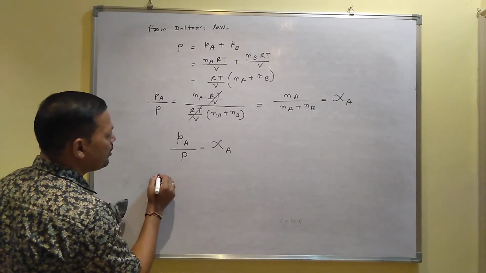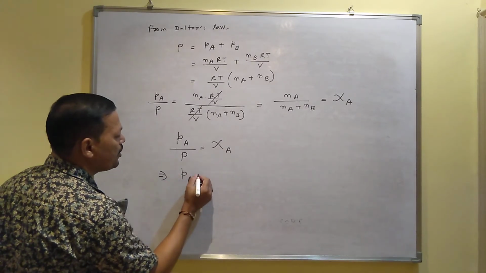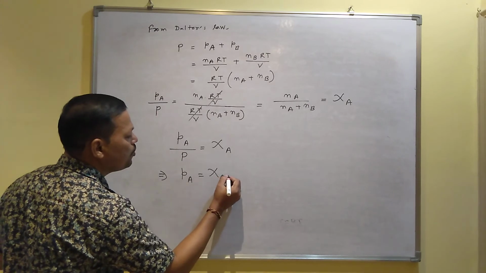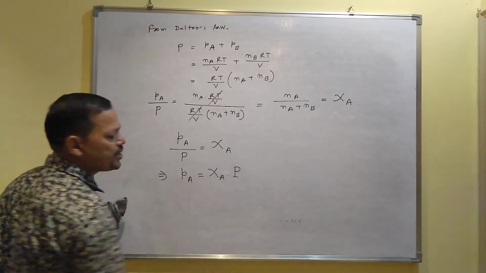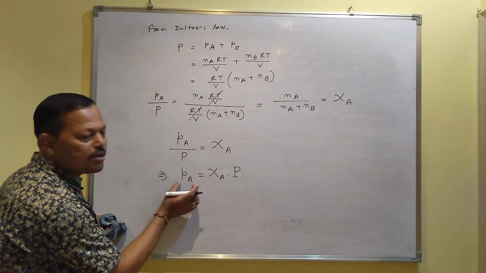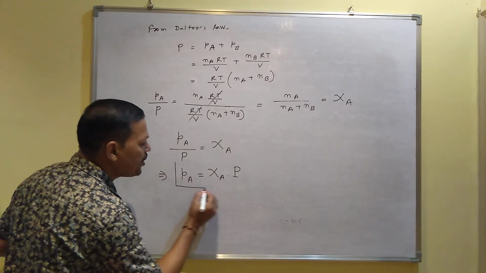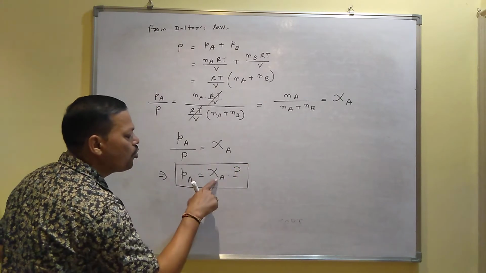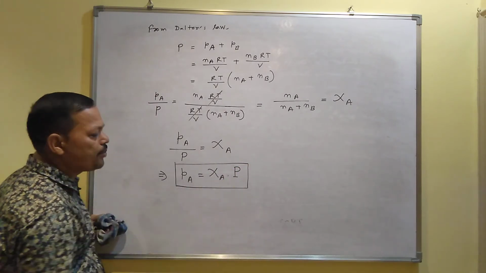That means you can write PA is equal to χA into capital P, total pressure. I mean, this is one of the equations by which you can determine the partial pressure of a gas. Partial pressure of a gas is equal to the mole fraction of the gas multiplied by total pressure.